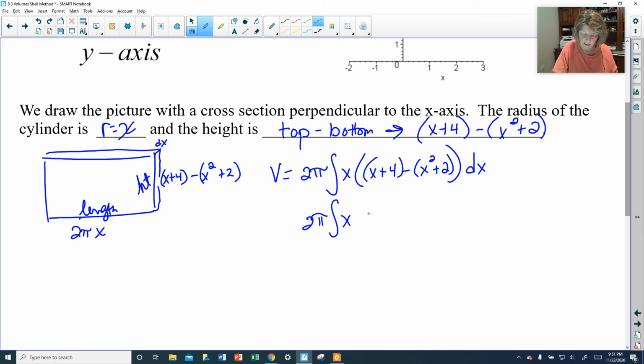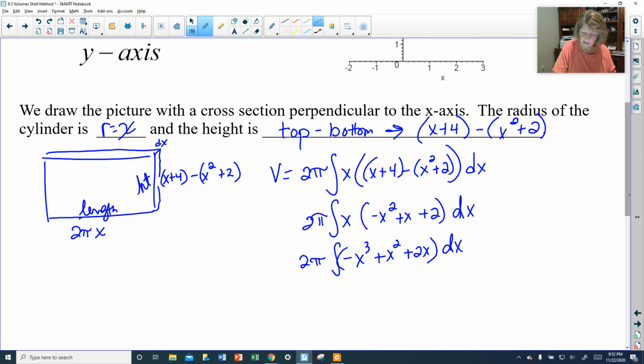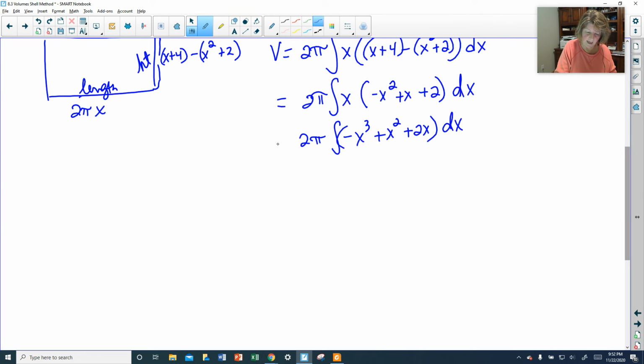I'd have x plus 4 minus x squared, so a minus x squared, a plus x, a minus 2 plus 4, so plus 2 dx. Then I'd send that x through, giving us negative x cubed plus x squared plus 2x dx. Integration by hand, always good to practice.